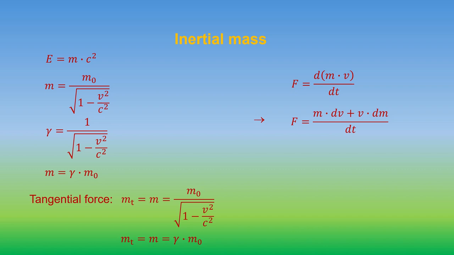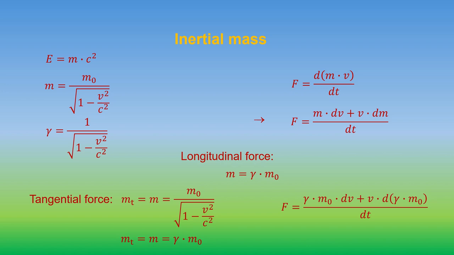If the force is in the direction of the movement, we need to consider both terms in Newton's second law in revised form. We no longer need vectors because the direction doesn't change. F equals m times dv plus v times dm over dt. We substitute the equation m equals gamma times m naught.